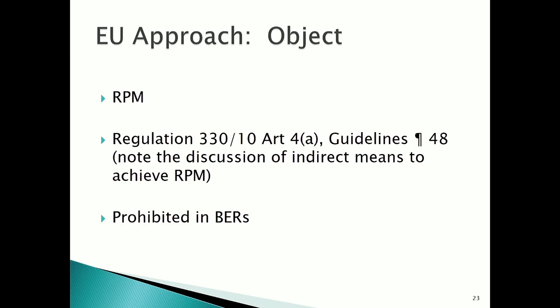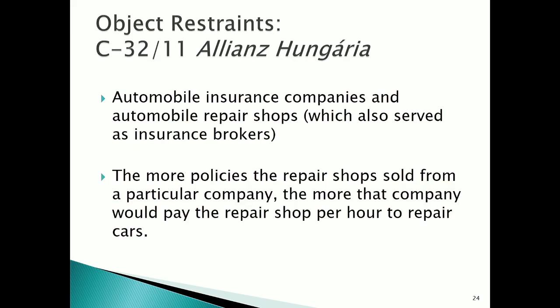Now, other examples that we saw, the Alliance Hungaria case. We talked briefly about, or mentioned, the Alliance Hungaria case in the context of the object and effects distinction. The Alliance Hungaria case is sort of interesting. In Hungary, automobile repair shops and insurance brokers are basically one and the same.